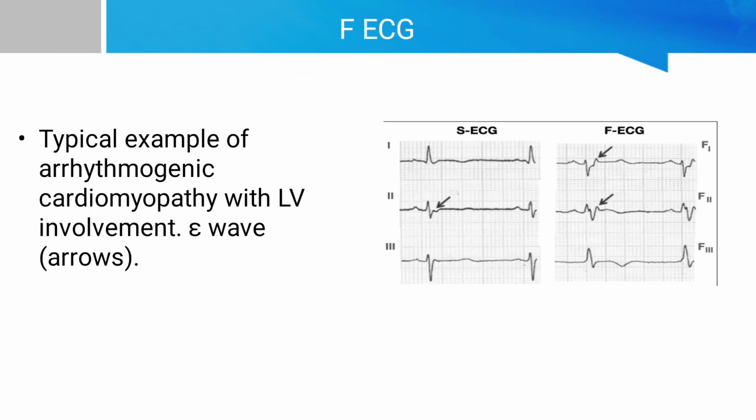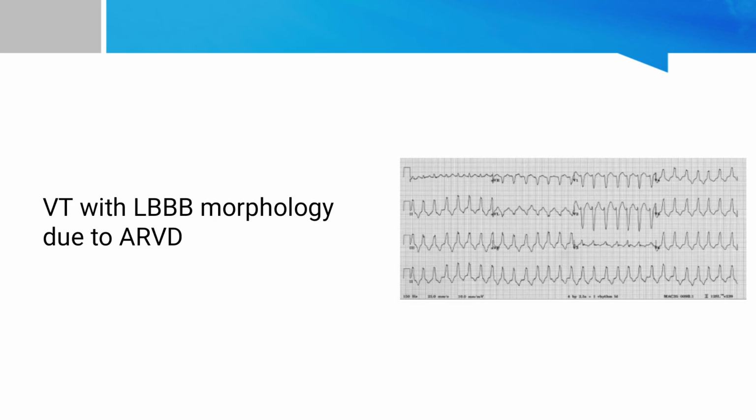This is the Fontaine ECG. Here is a typical example of arrhythmogenic cardiomyopathy with left ventricular involvement. We can see epsilon wave as shown by the different arrows. This ECG shows VT, that is ventricular tachycardia with left bundle branch block morphology due to arrhythmogenic right ventricular dysplasia.